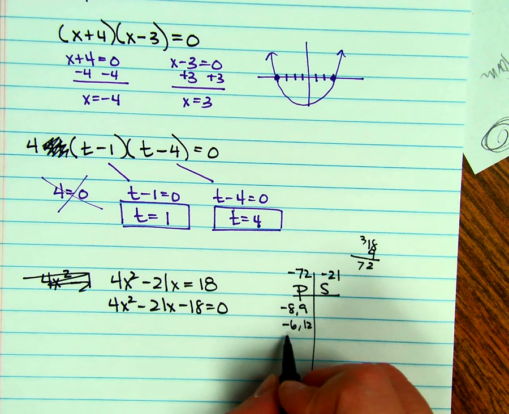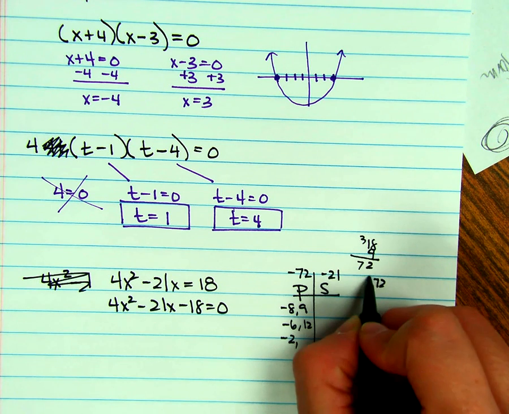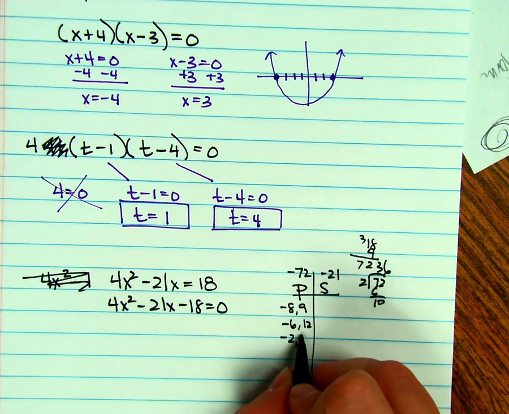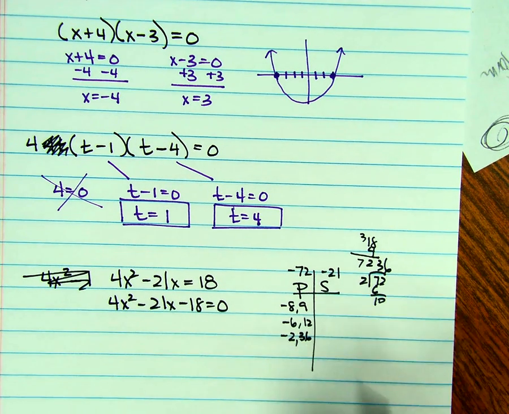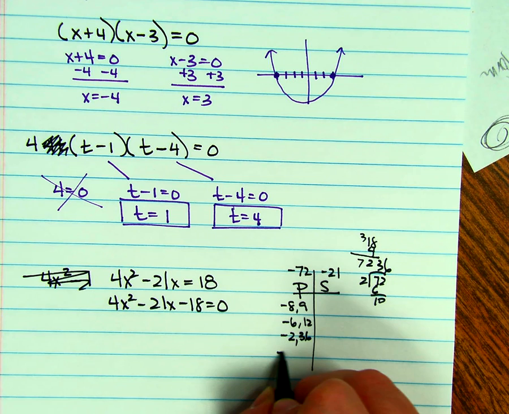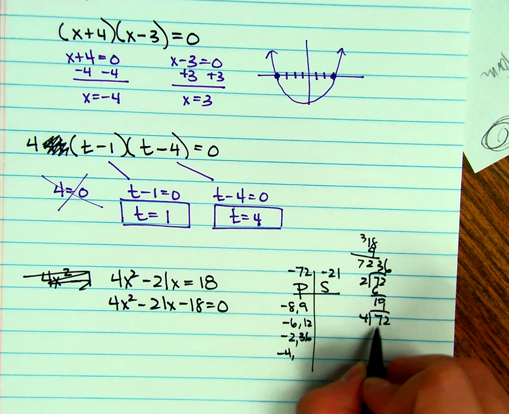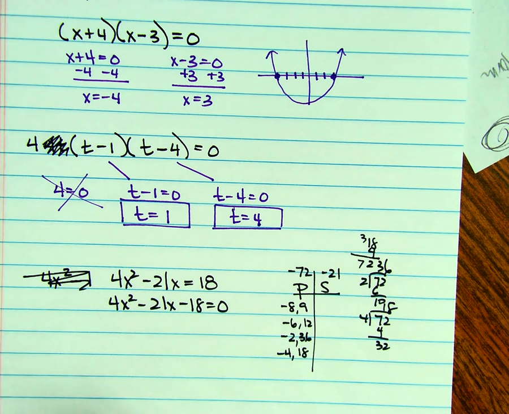I'm getting closer. If I do a 2, let's try negative 2, and 72 divided by 2 gives me 36. So now I am too far apart. It's either going to be 34 or 38. So let's try 4. So negative 4 gives me 18.